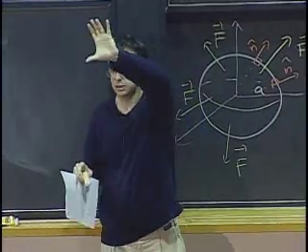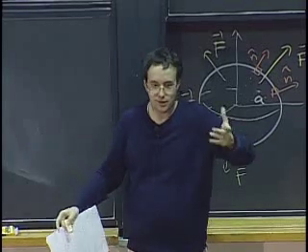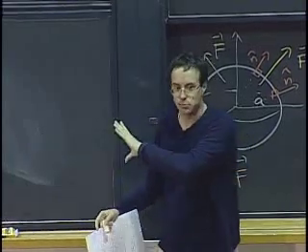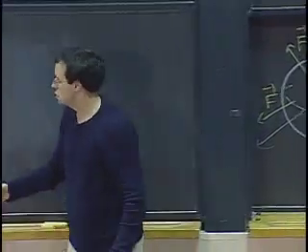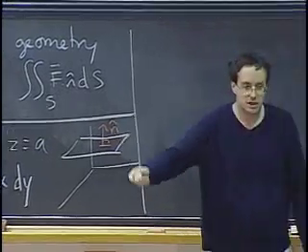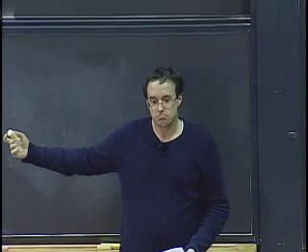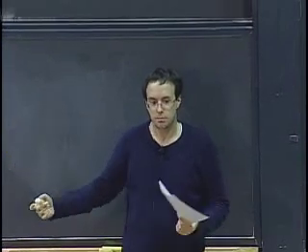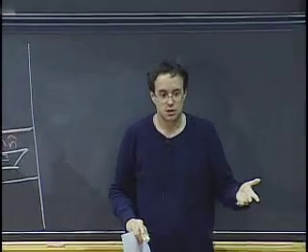That just gives me the z component, which might involve x, y, and z. x and y I'm very happy with. They will stay as my variables. Whenever I see z, I want to get rid of it, but that's easy because z is just equal to a. So I just plug that value, and I'm left with only x and y, and I'm integrating that dx dy. So it ends up being just a usual double integral in xy coordinates.